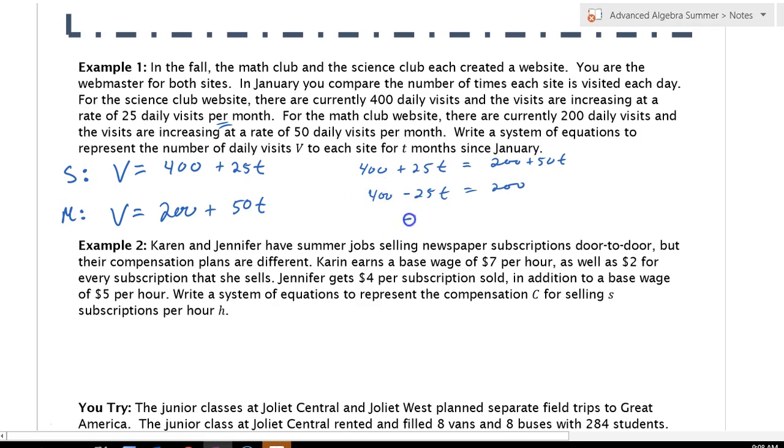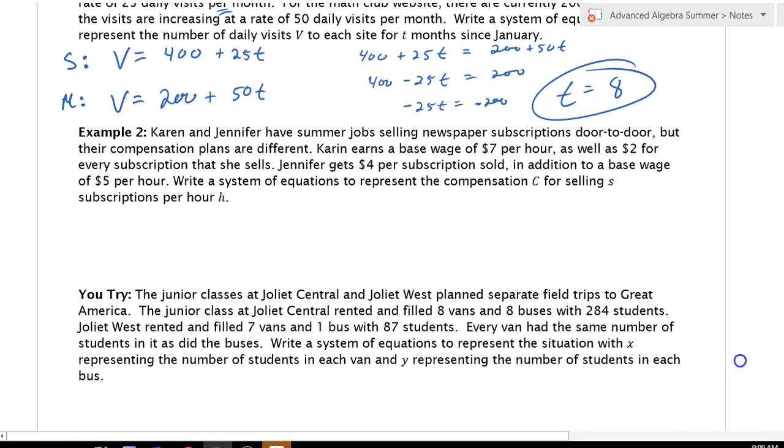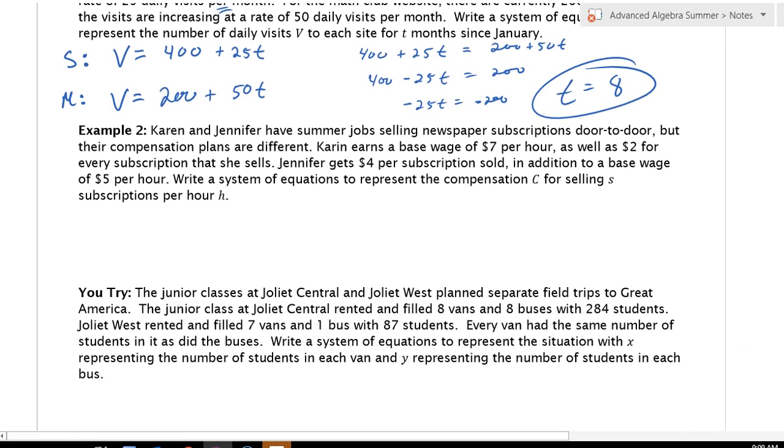I could subtract 400 and get negative 25T is equal to negative 200. When I divide both sides by negative 25, I get T is equal to positive 8, because negative 200 divided by negative 25 gives me a positive 8. So I'd know that after about 8 months, those visits would be equal. Now again, it didn't say to solve, but always good practice.